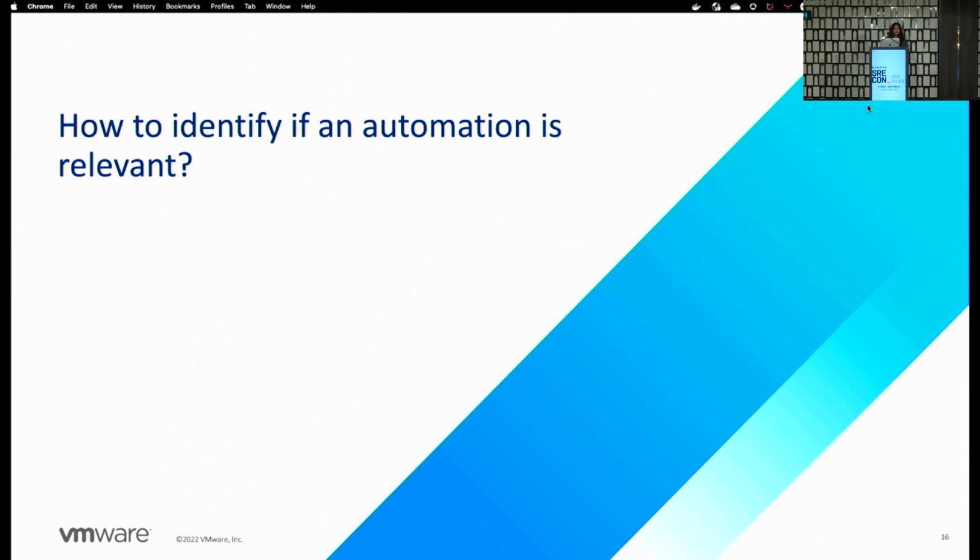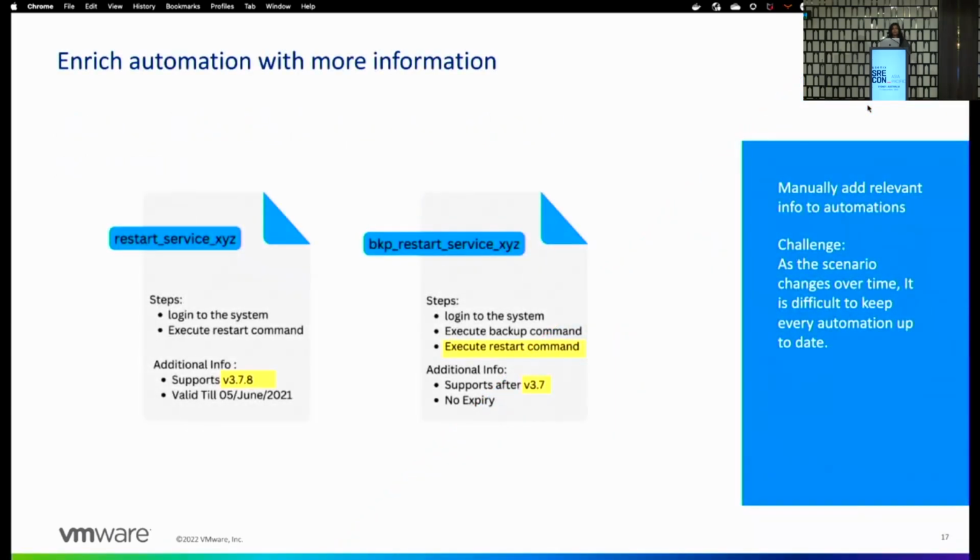That would be very helpful. But there are a few challenges in doing that, and one of the ways to do it is to enrich these automations with all of this information and write really nice documentation that this supports this version, it expires on this day, and this supports versions after so and so, and all of these things.